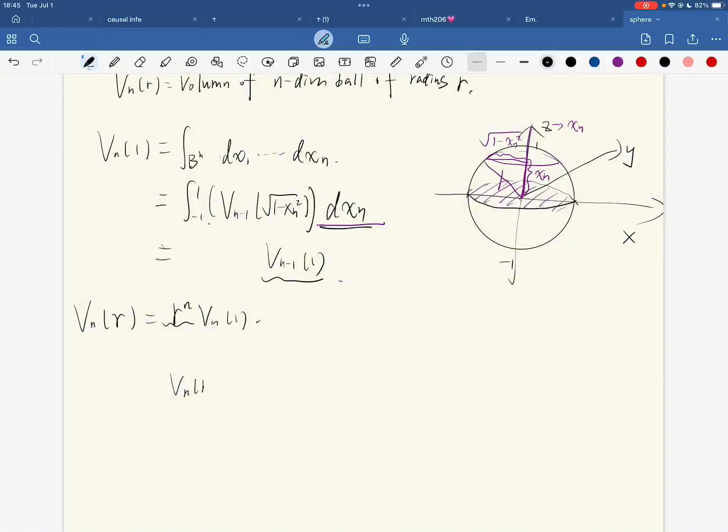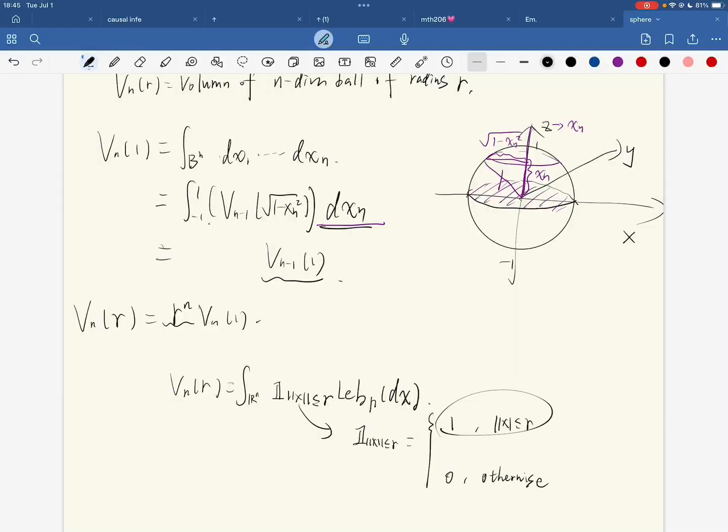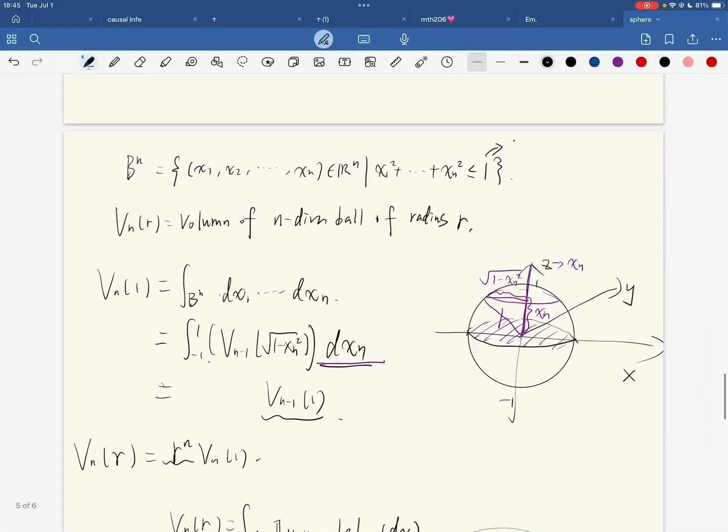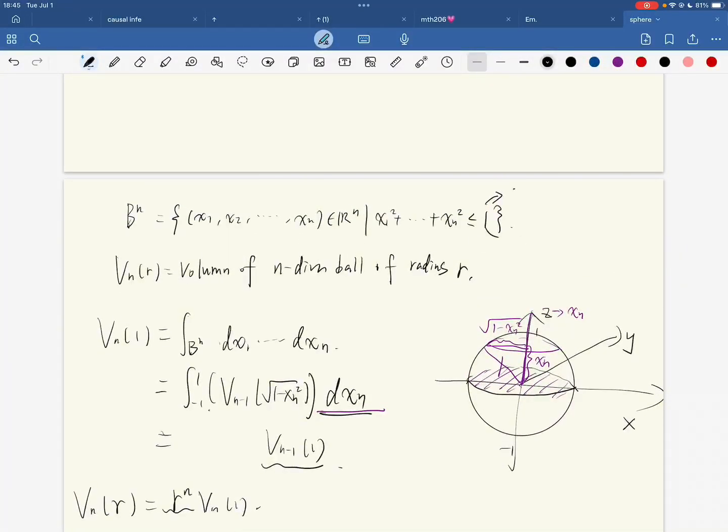We write V_n(r) in a more rigorous way using an integral. This is the Lebesgue measure, and this indicator function is just the set where the norm is at most r.